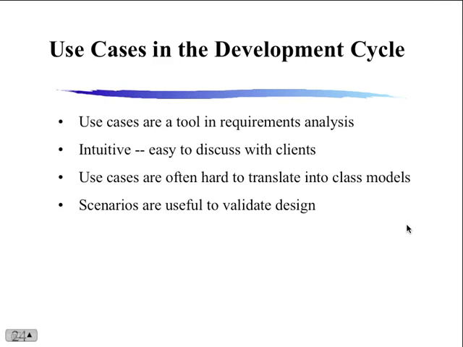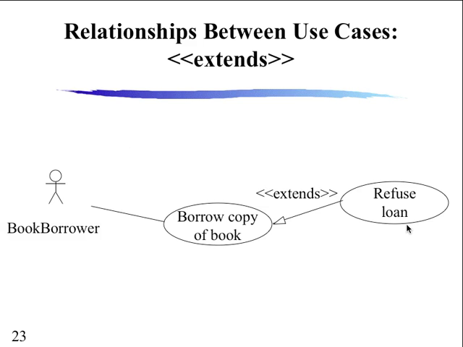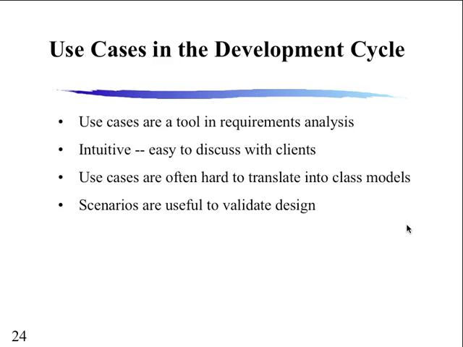So in terms of the development cycle, the use cases are actually kind of important because they're used in a lot of different areas. They can be used right from the beginning to solicit a requirement, to figure out what it is we want to do with the system, and then also communicate the requirements back to the user.